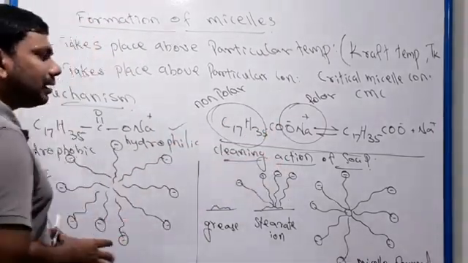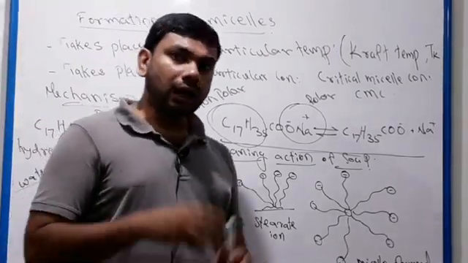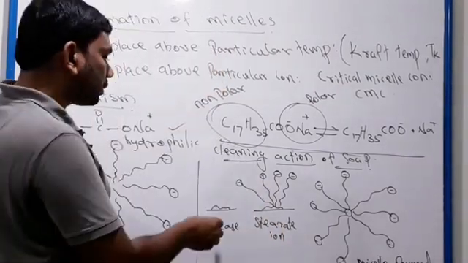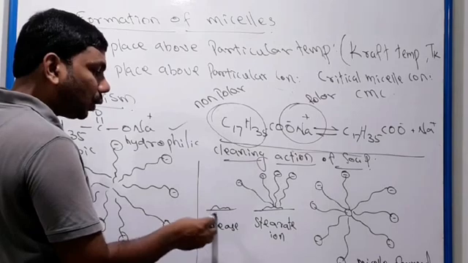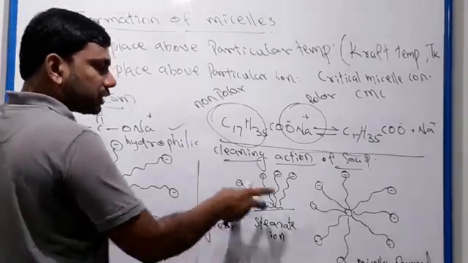Here let us discuss the cleaning action of soap, how soap helps with cleaning. Look here, one cloth has some grease or oil. We put this cloth with the soap.